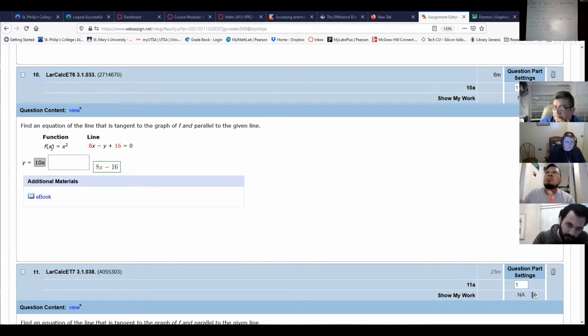So if they said find an equation of the line that is tangent to the graph. So here we need to find an actual equation of a line, not just the slope. This requires more work. And not only that, it also needs to be parallel to this one. So there's two things going on here. So find the equation of a line that is tangent to the graph and parallel to the given line.